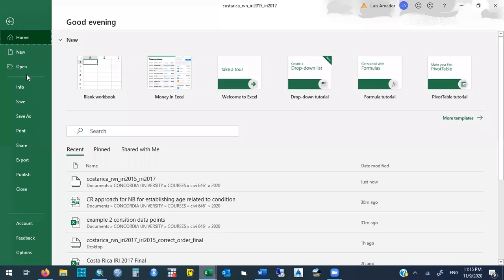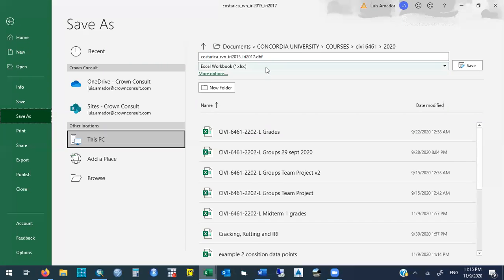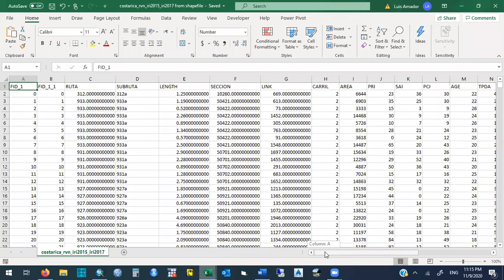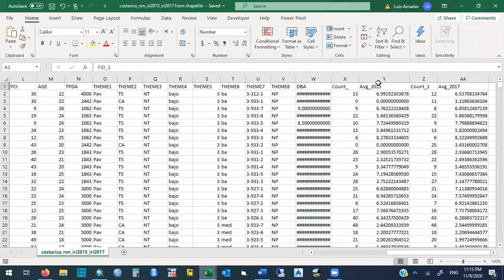Okay, so that is the file. I'm just going to save it somewhere else because it's coming from the shape file. And now see what you do. You have here 2015, 2017.